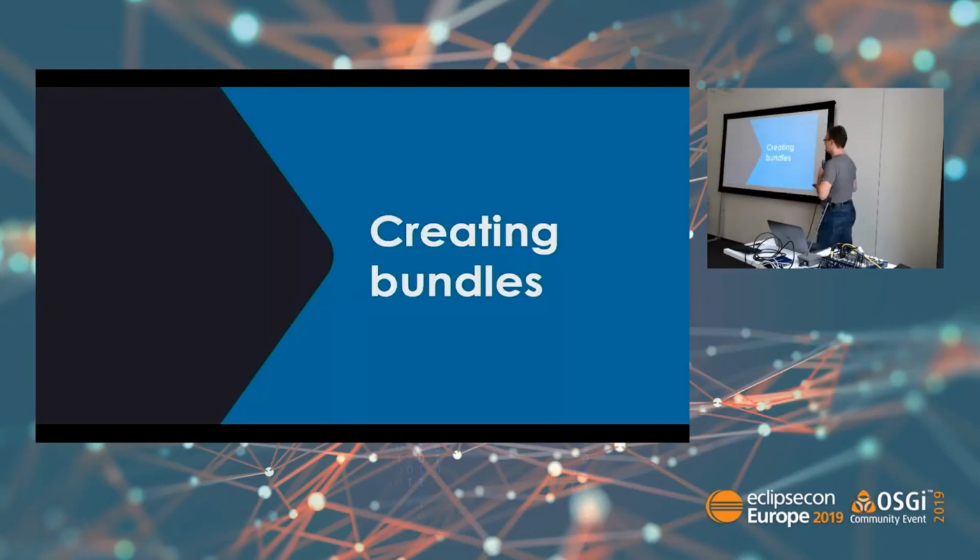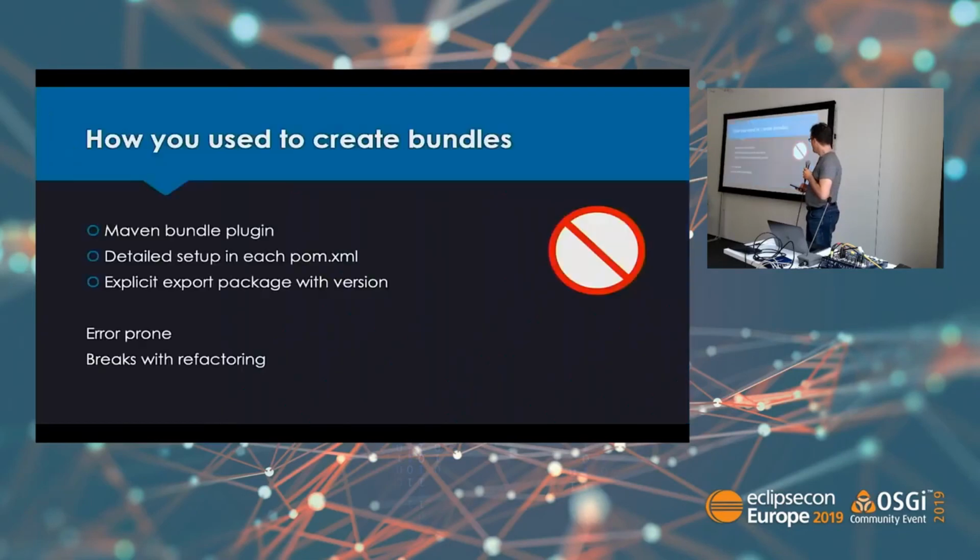So the first thing is about creating bundles. This is always the first step in OSGi. It used to be quite difficult. Nowadays it's rather simple, and with some recent improvements it has become even simpler. Most of you might be already familiar with the Maven bundle plugin and how it is used in many projects already today.